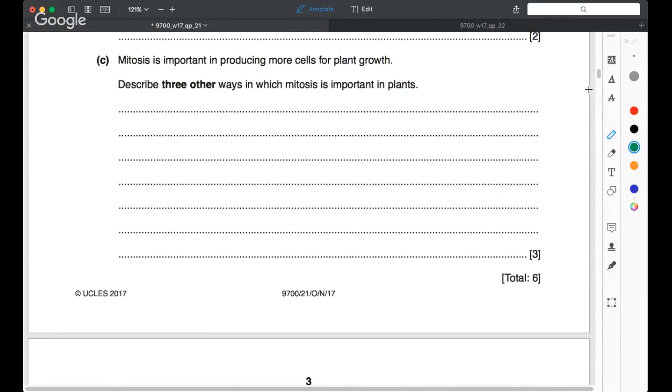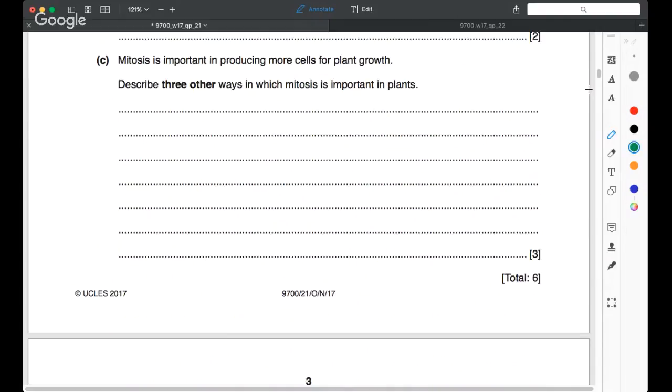Okay, so for repairing tissue, for asexual reproduction, for growth, oh no, growth is only, for... I don't know. Okay.